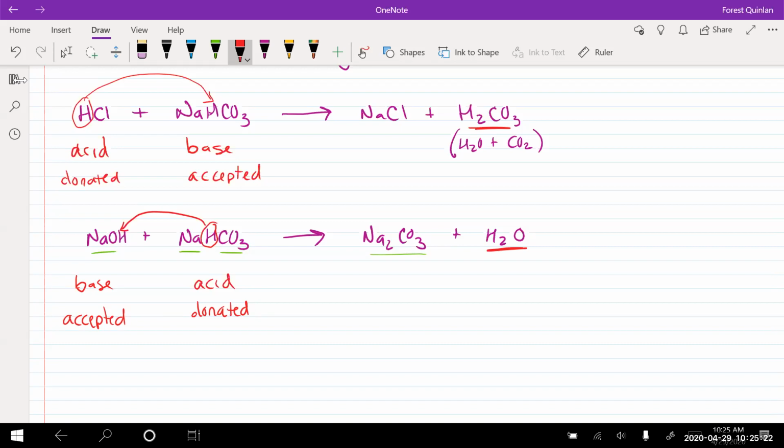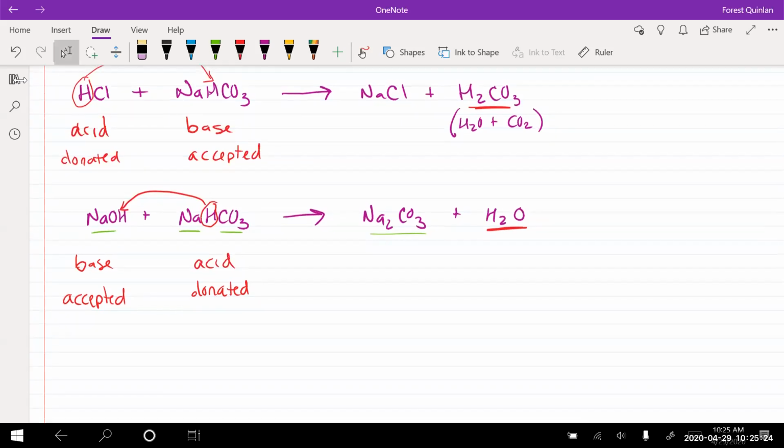Now, amphiprotic, when the compound can either donate or accept the proton, the H plus, sodium hydrogen carbonate has that ability, depending on if it's in an acid or a basic solution. Now, in a normal semester, when we would start doing titrations and everything, I would warn you guys that if you spill something, let me know. Because whether you spilled the base that you were going to use for the titration, or you spilled the acid, the thing being titrated, I wouldn't have to think about it.